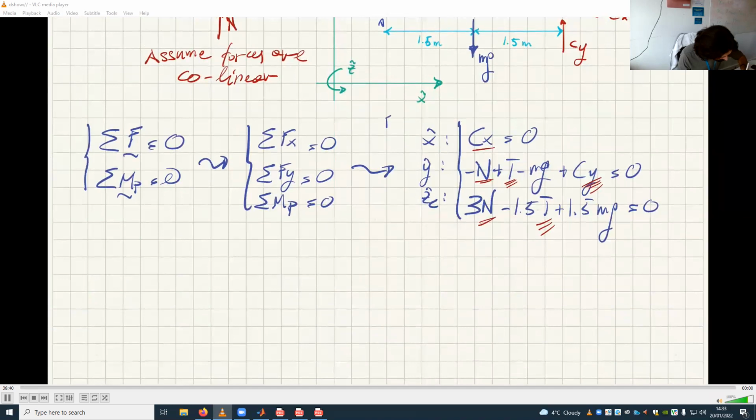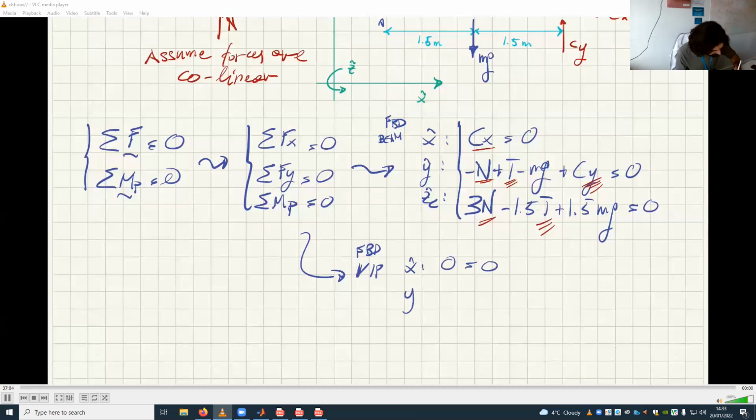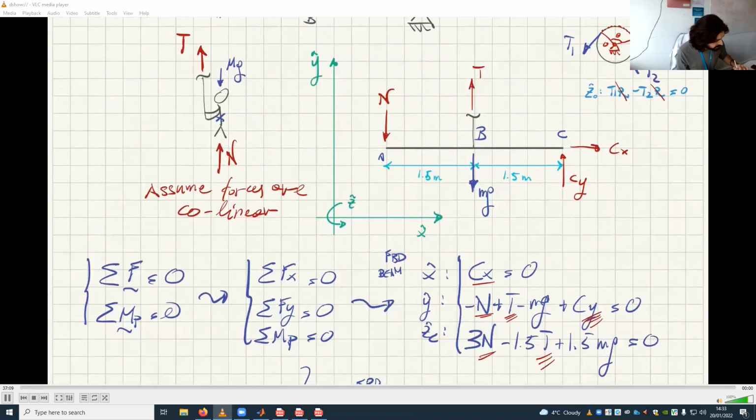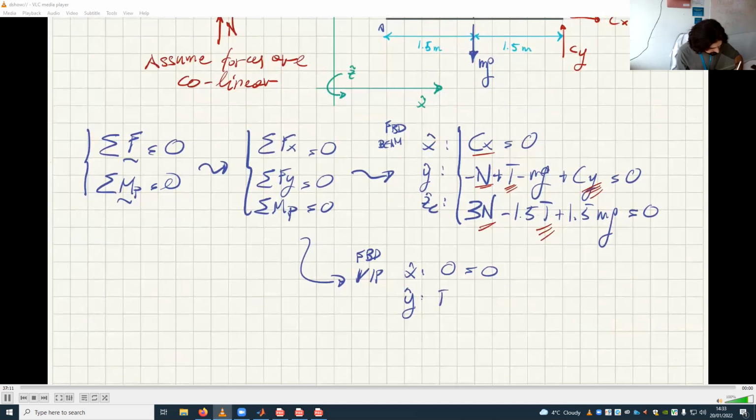So this is the free body diagram of the beam, and if you do the same for the free body diagram of the man, let's call it VIP, you have that, of course, nothing is happening in the x direction. Everything is happening in the y direction, which is T minus Mg plus N equals 0, with capital Mg.